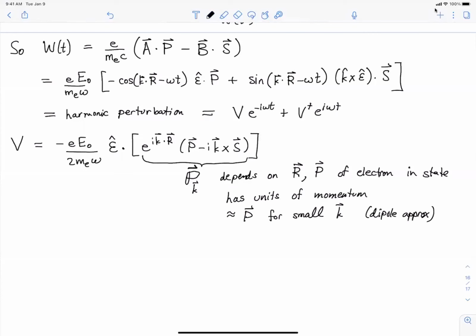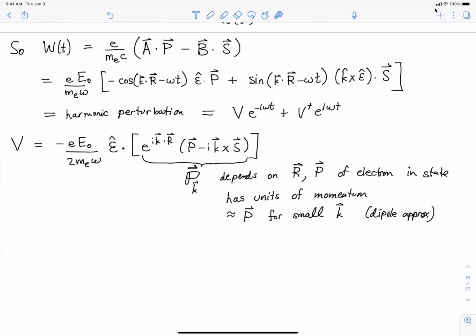But we're going to try to be as general as possible by not specializing to the dipole approximation until we absolutely have to. And so what we'll be doing is just writing everything in terms of this curly P sub k. And then when we want to take the dipole approximation, we will plug in that it's P.